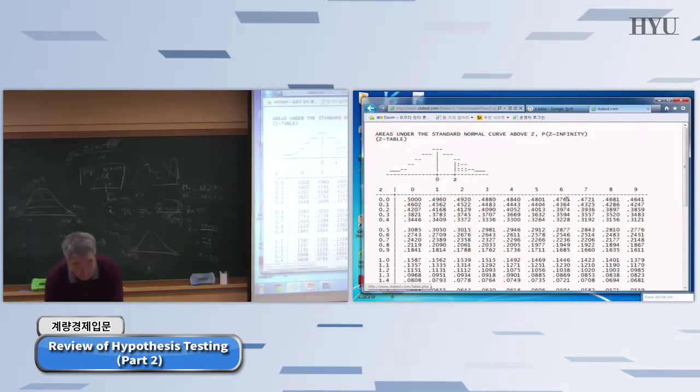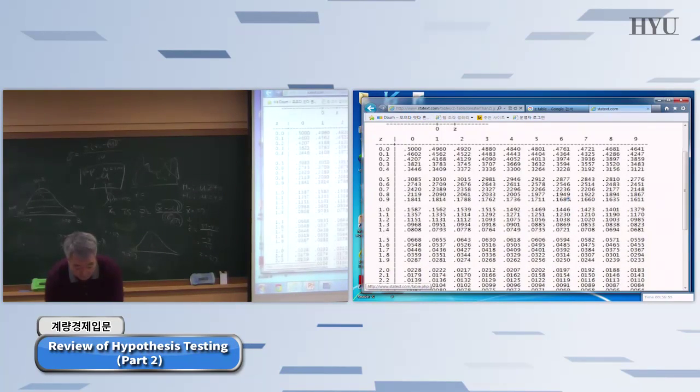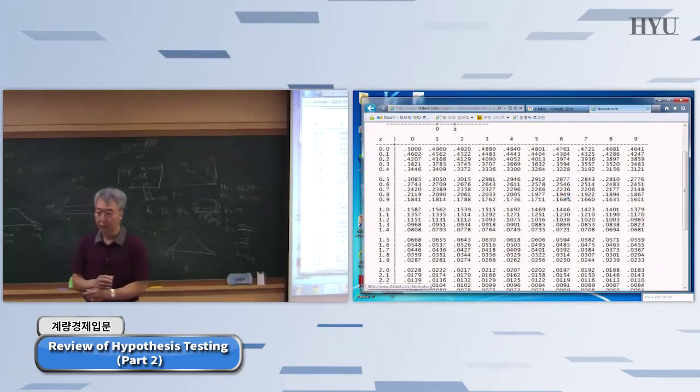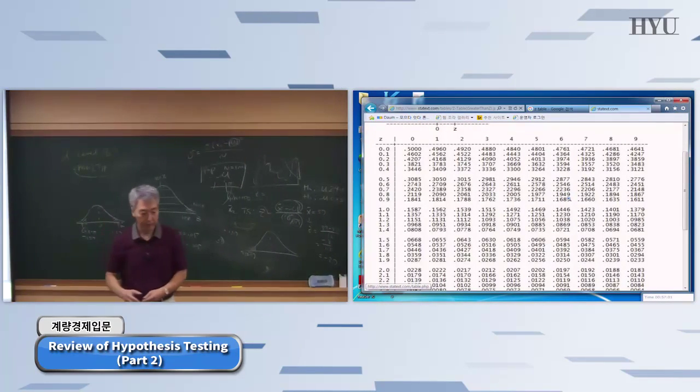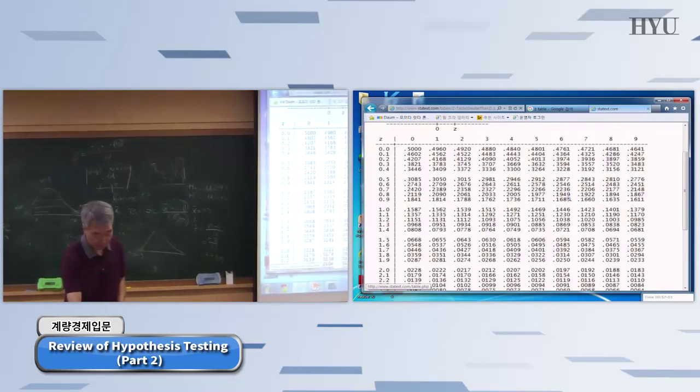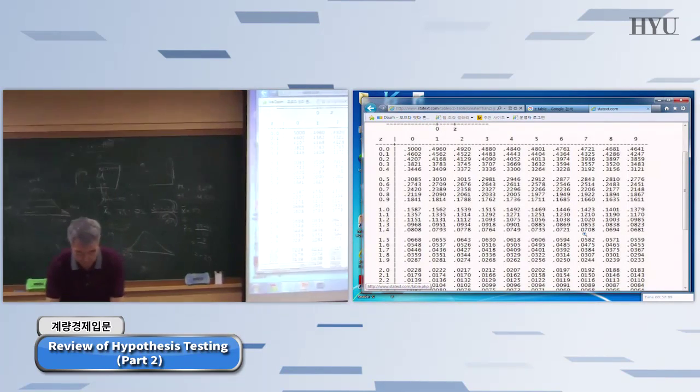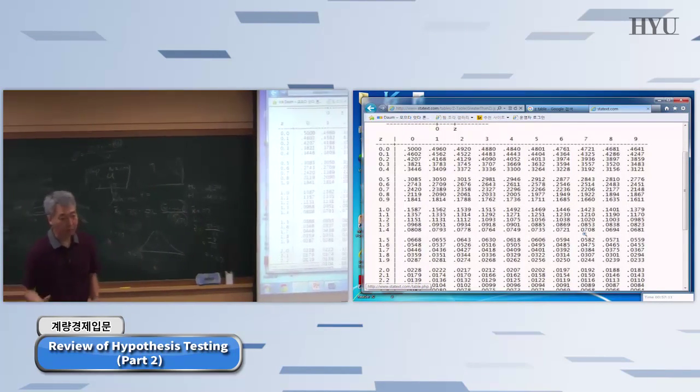You see that? So if you have the z-score and are looking for the area, you can start out from the margin and look for the z-score, and these numbers are the size of the area. But this time we are doing the reverse.